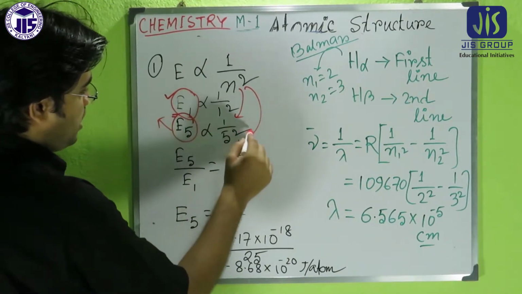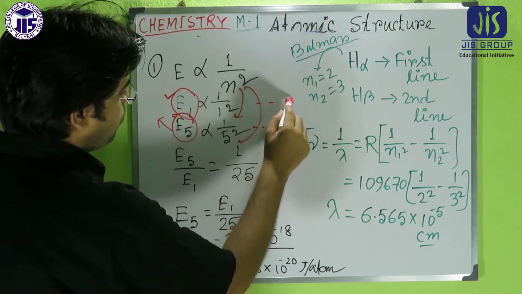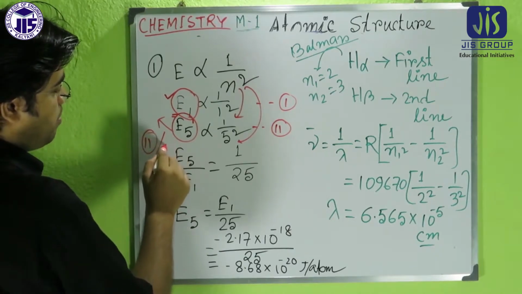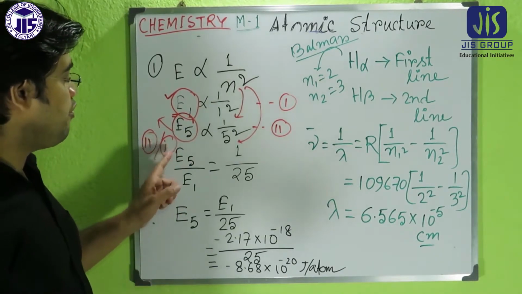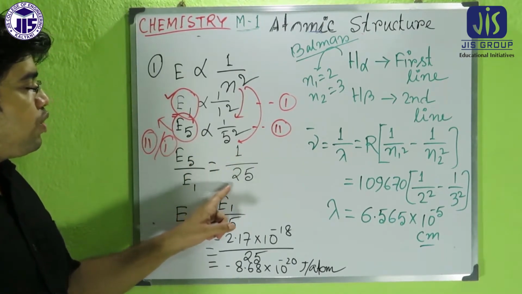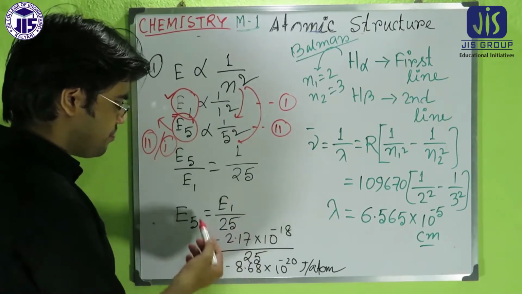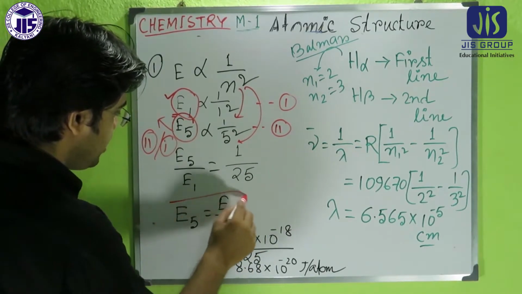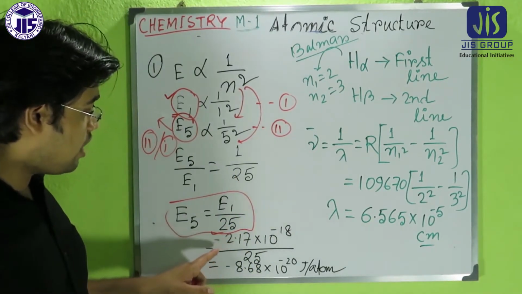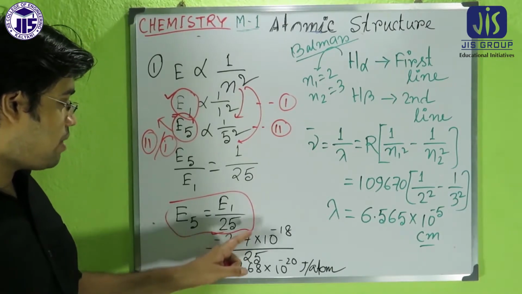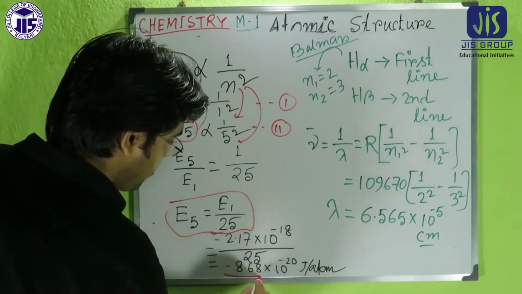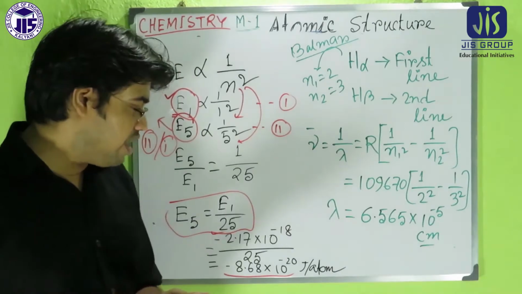If we divide the second equation by the first, then E5 by E1 equals 1 by 25. So E5 equals E1 by 25. The E1 value given in the question is minus 2.17 into 10 to the power minus 18, divided by 25, so it will be minus 8.68 into 10 to the power minus 20 joule per atom.